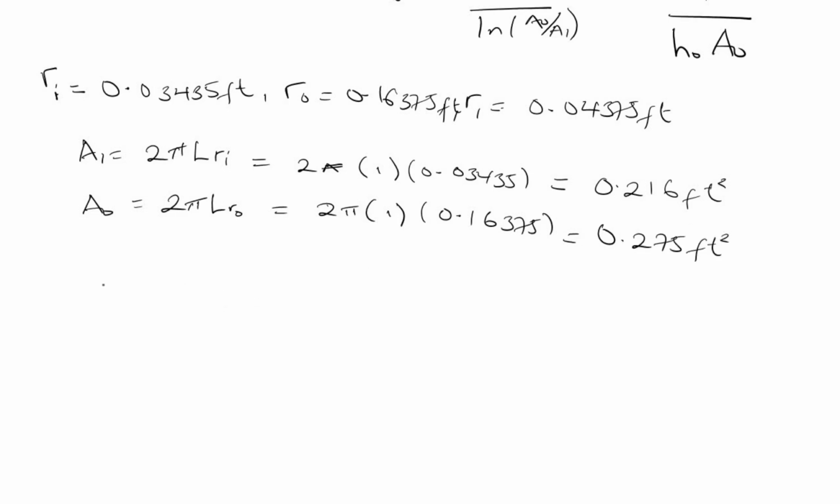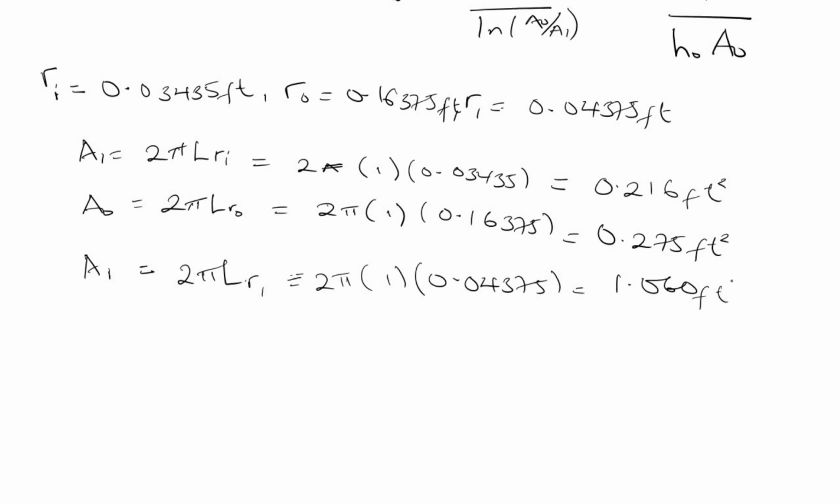Then for the last one, the outer one called A1, is going to be 2 pi, this R1, 2 pi into 1 into 0.04375, which if you calculate it correctly, you're going to have 1.060 feet square.